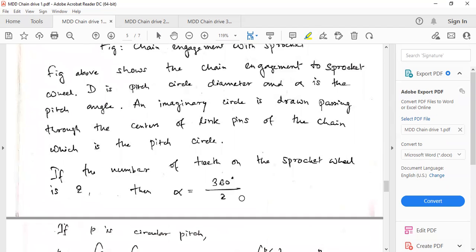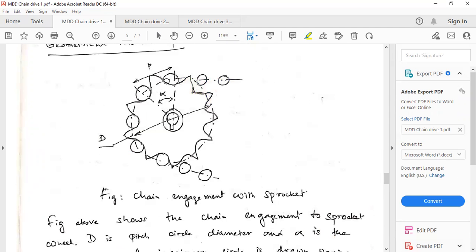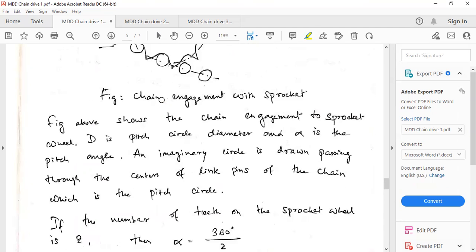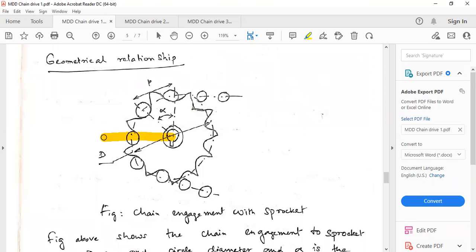Now, D is the pitch circle diameter, and here again we have an angle. If we draw a line from the center of the roller to the center of the sprocket, and from the next roller center to the center of the sprocket, then the angle made by these two lines is called the pitch angle.